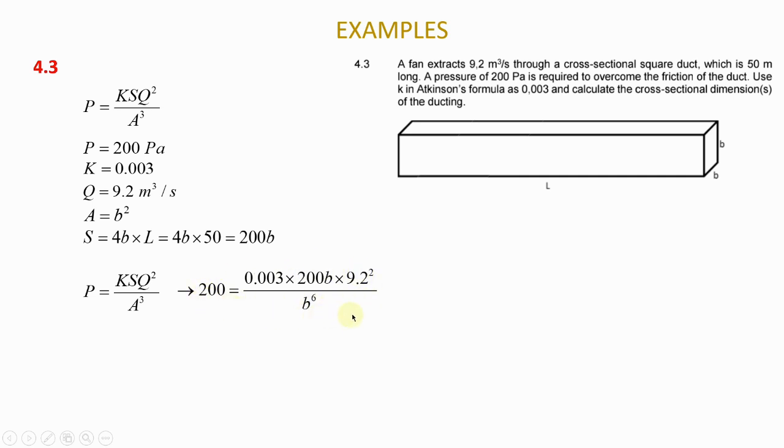And as you can see, the only thing that we do not know in this expression is b. So you can solve this equality for b and find what the value of b is. And that is what I did, and you will end up with b equal to 0.76 meters, or if you want, 760 millimeters. And if you can do that, that's pretty much it with this question.